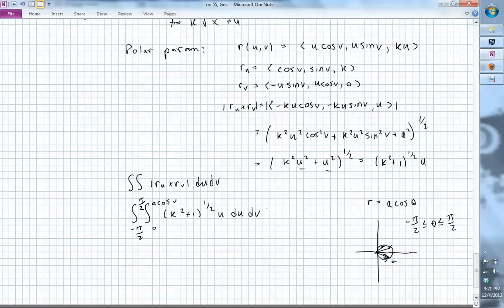And then you just do the integral. We just have to know that? Well, no, I mean, these limits of integration describe this region. And if you don't remember that, that goes way back. So r is the diameter there? No, a is the diameter. A is the diameter. Yes.